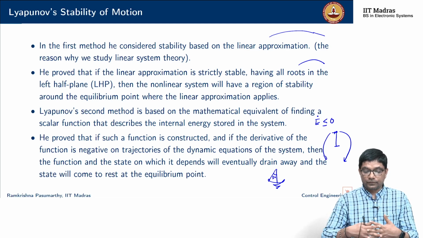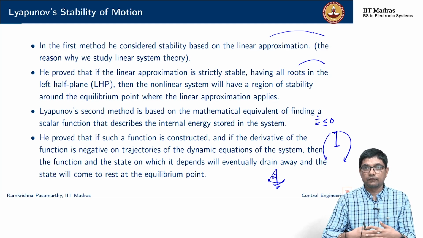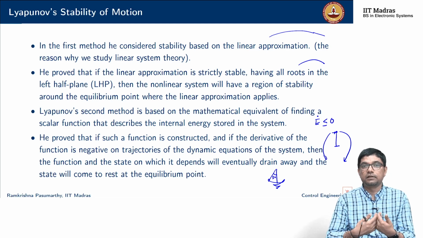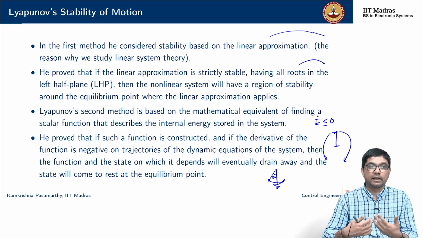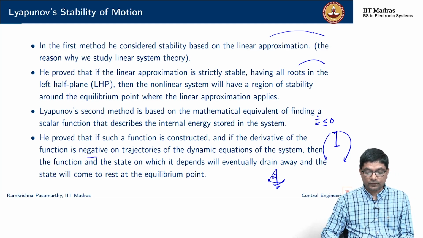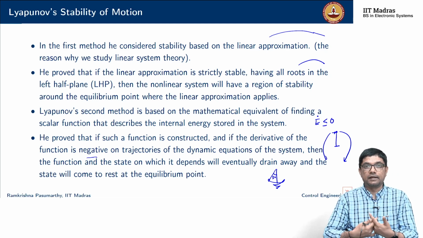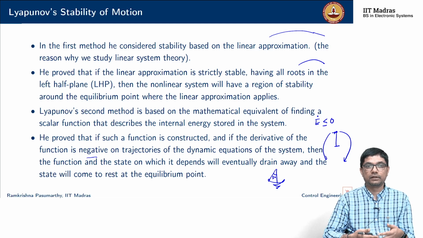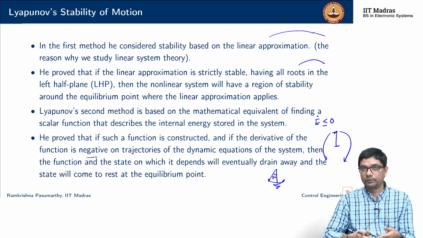So, if such a function is constructed, which in the physical system world has the notion of energy, and if the function decreases monotonically, which in calculus means that the derivative of the function is negative, then the energy will eventually drain away and the system will come to rest at the equilibrium point.